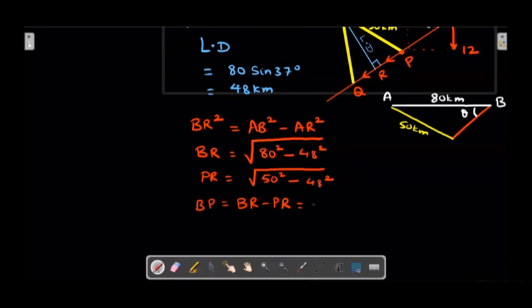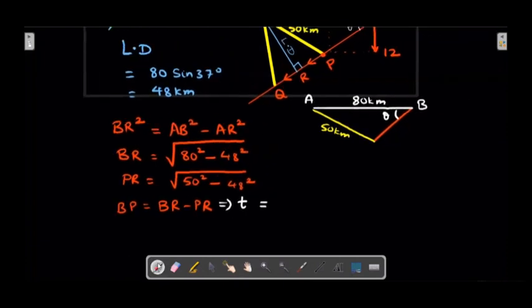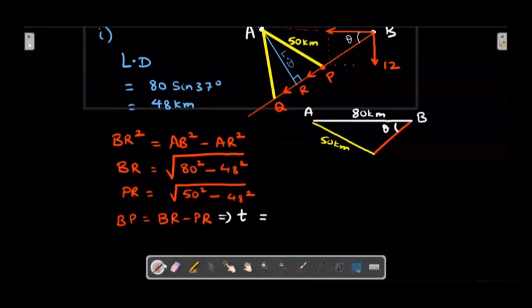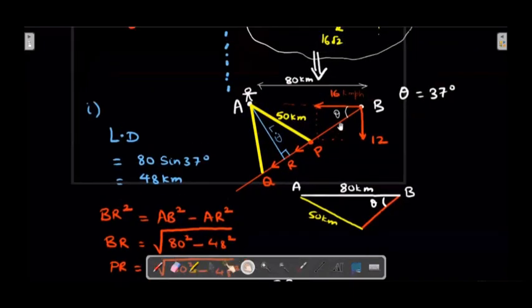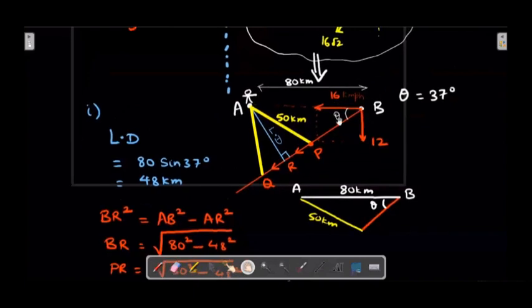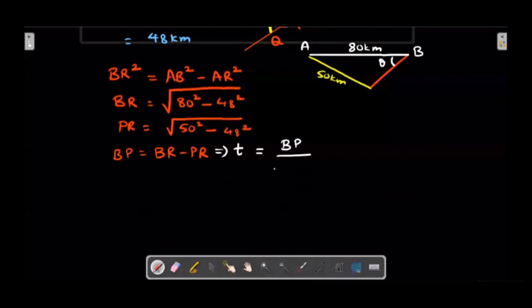right? And with that number, you would say the time duration after which the communication starts would be to travel BP, right? BP distance has to be traveled with the speed of the resultant velocity. What was the resultant? The 16 and 12 resultant in this direction you have to write, which is simply root of 16 square plus 12 square.